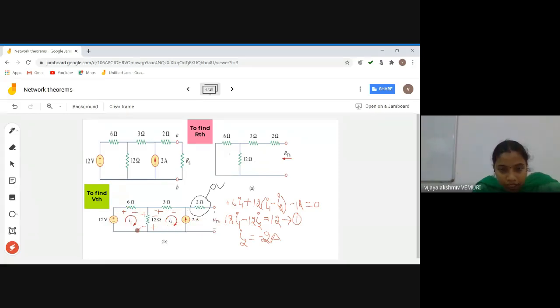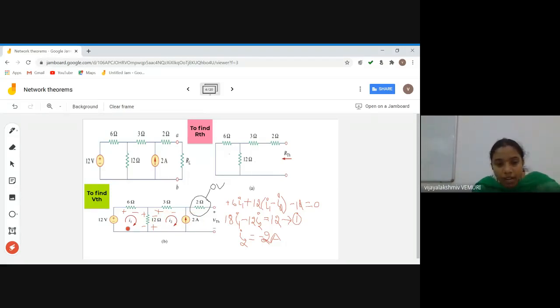Even though I am concerned with the second loop, 12 ohms is in between two loops, so the current flowing is either I1 minus I2 or I2 minus I1. But we are considering I2 minus I1 because to find out VTH, we should go in this loop itself. So you should find out what is I1.